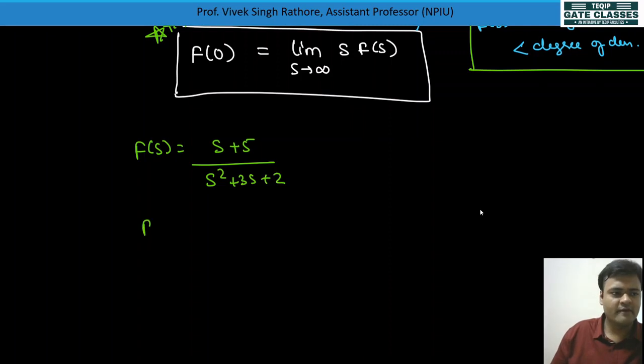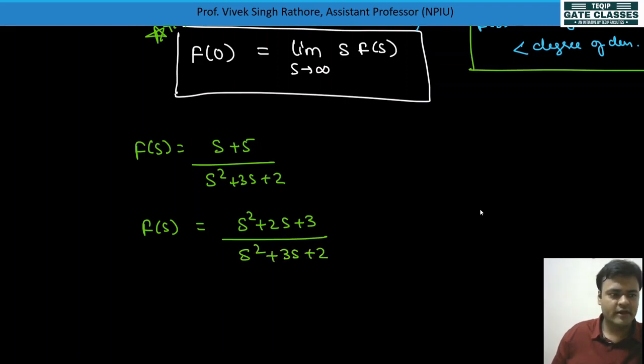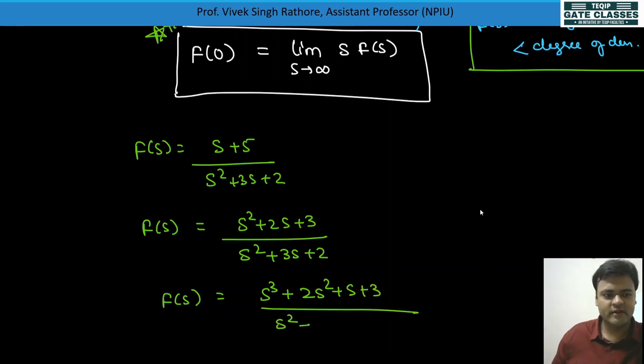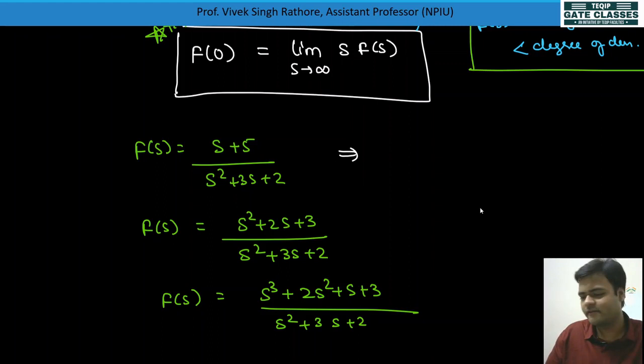Another f of s is s square plus 2s plus 3 over s square plus 3s plus 2, and another is s cube plus 2s square plus s plus 3 over s square plus 3s plus 2. I have given you three expressions. In the first, the degree of numerator is less than the degree of denominator.